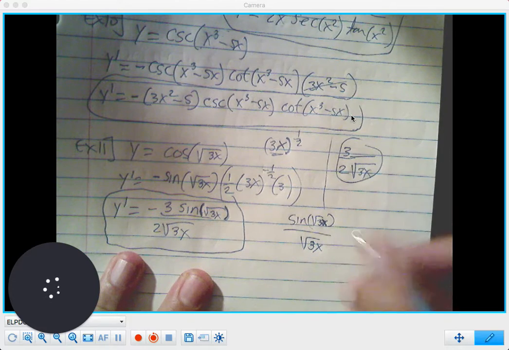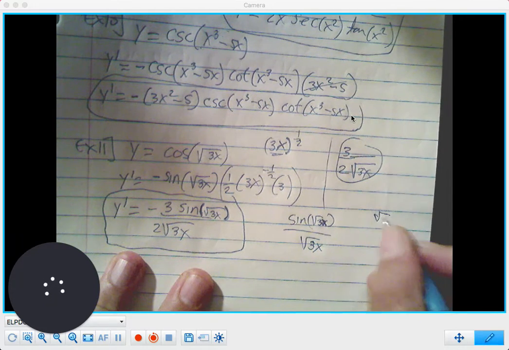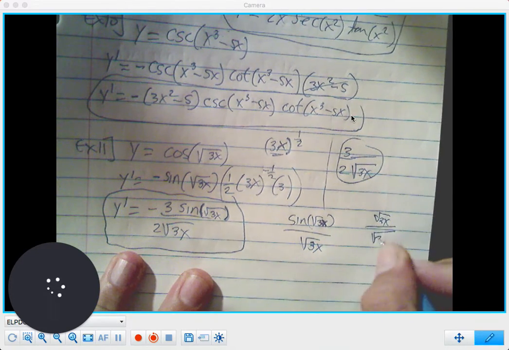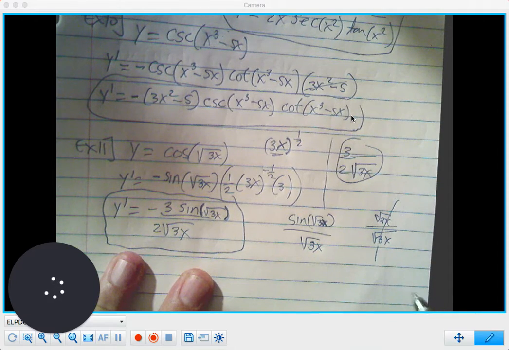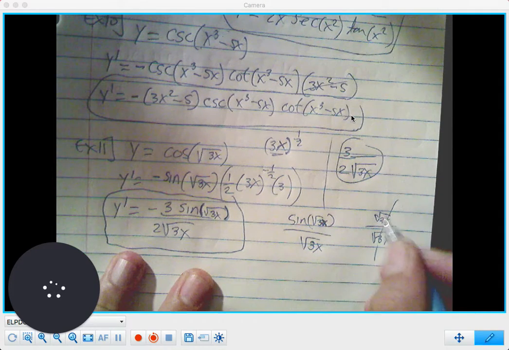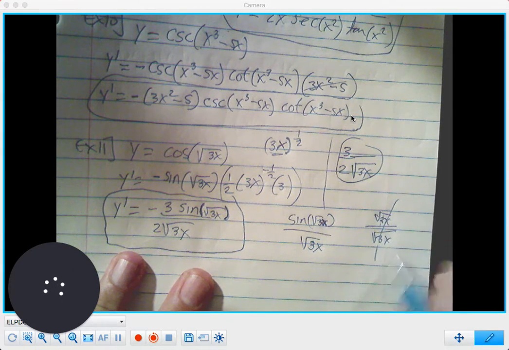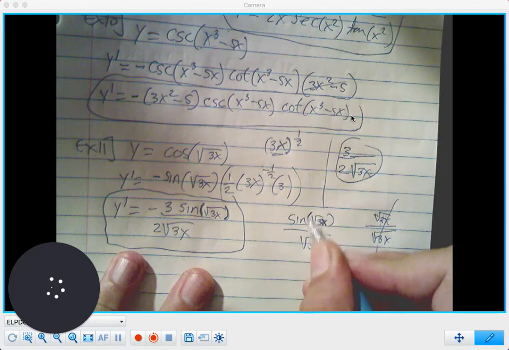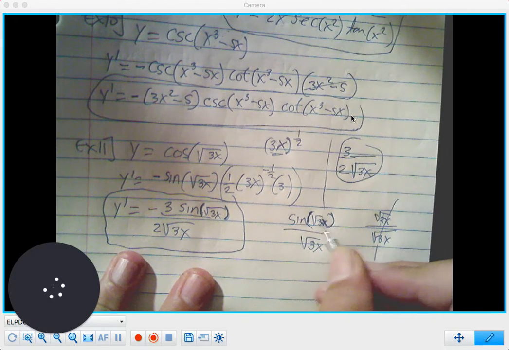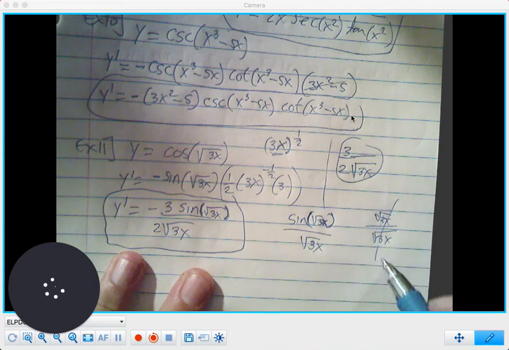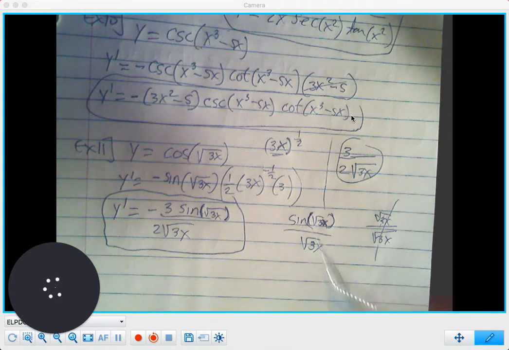You cannot cancel this. This you can cancel. You see what I mean? This square root of 3x is by itself. So when you have something by itself and the same thing is on the bottom, you can cancel it out. This one is part of the sine. So no, you cannot cancel this. Okay, so this will be our final answer.